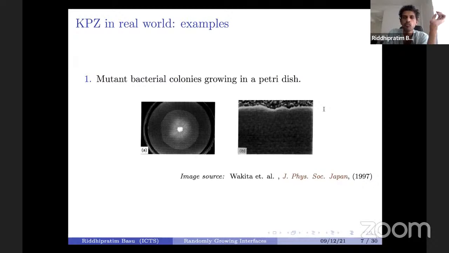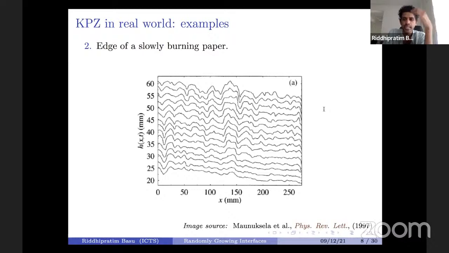So that's one example. The second example is another PRL paper from 1997, where they were experimenting with slow combustion of paper. So you are burning a piece of paper slowly, and you see the jagged edges that are formed by the fire. There also apparently you see this type of KPZ scaling.